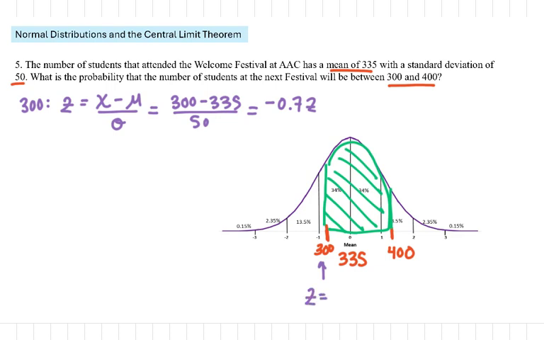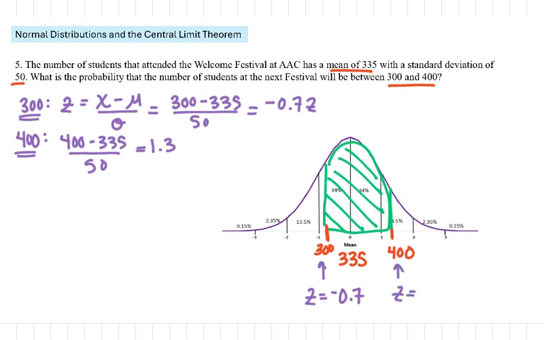So z equals negative 0.7. And we'll do the same for the next, which is 400. So I plug in 400 minus 335 divided by 50. And we get a z value of positive 1.3.